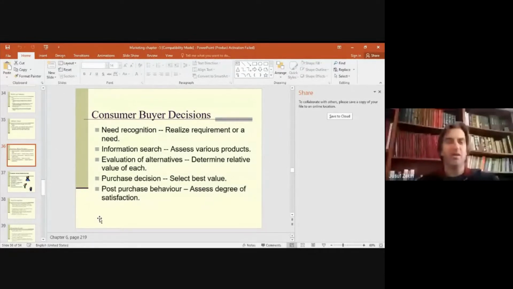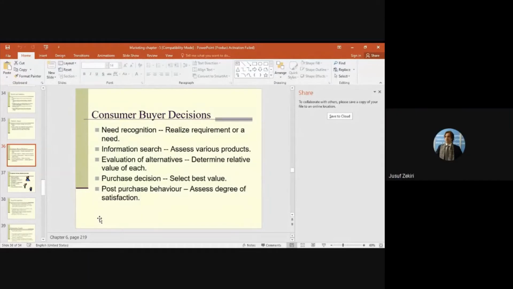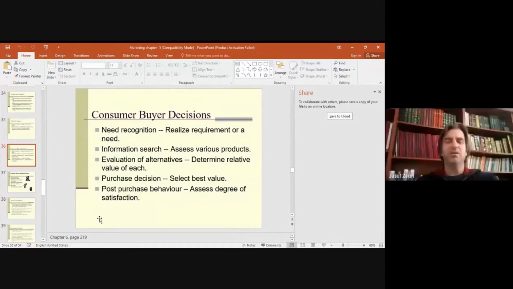So what is the process that a consumer goes through until the post-purchase phase? Usually there are 5 phases. In order for a purchase to occur, first there has to be need recognition.